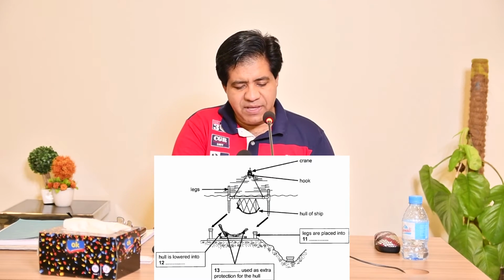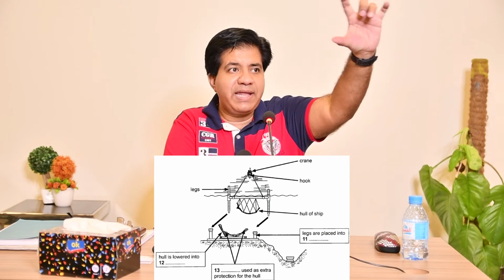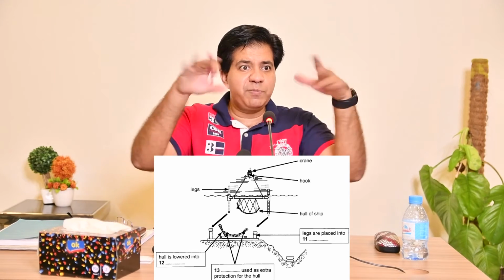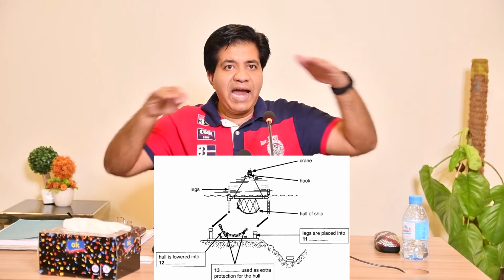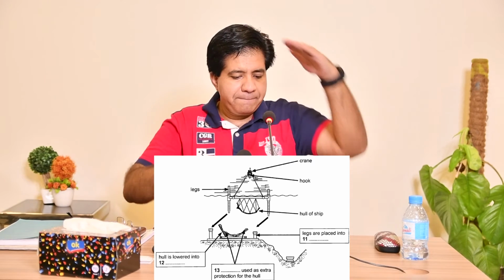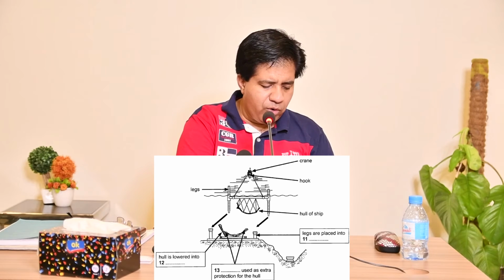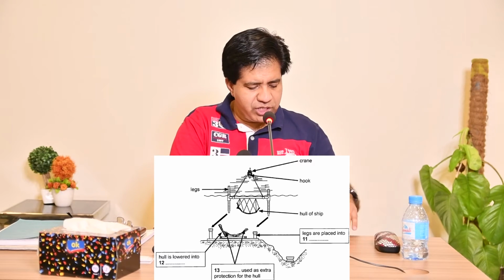Now after that, see, there is one part they have explained. So we will come to question number 12. Now by the way, there will be some distance between question number 10 and 12. Try to be logical. जरा देखें, ये 2-3 चीजें उन्होंने explain की हुई हैं and there is no question. That means passage थोड़ा सा आगे जाएगा. Right? Crane, hook, legs and hull of ship and all that.